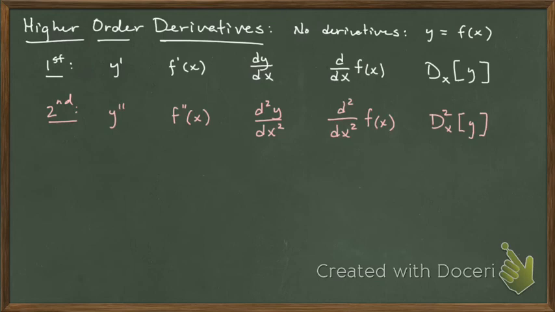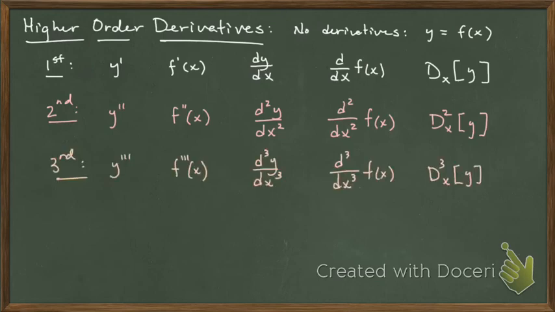We can also write down third derivatives. The prime notation is pretty straightforward, right? I can just keep adding a prime or an apostrophe. The D notations are also pretty straightforward. The power is just going to increase the more derivatives I take. Right? We can keep going. We can keep doing this forever and ever. Eventually, we can generalize this in the nth derivative, okay?